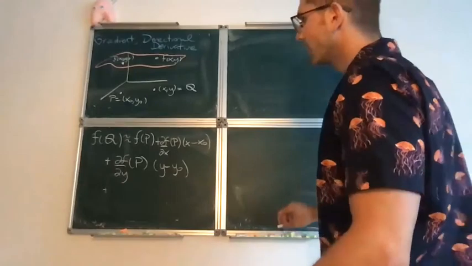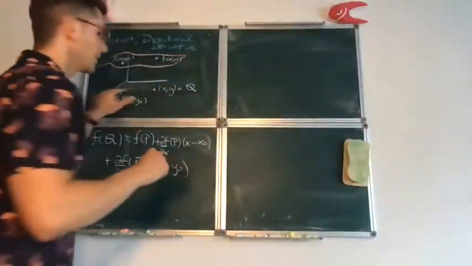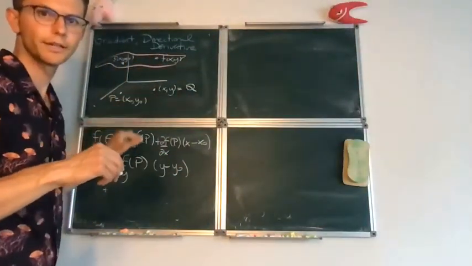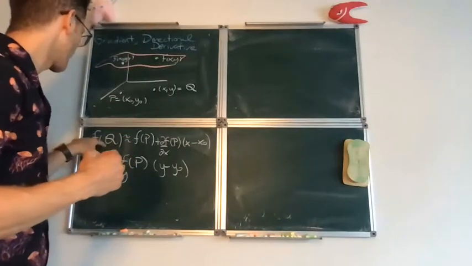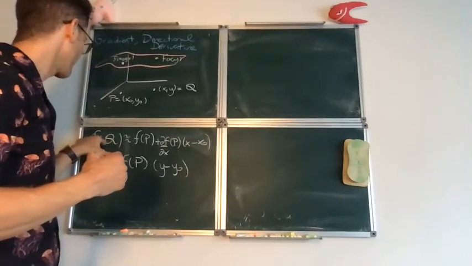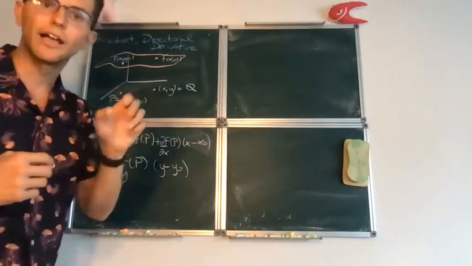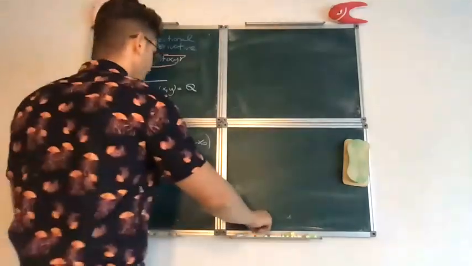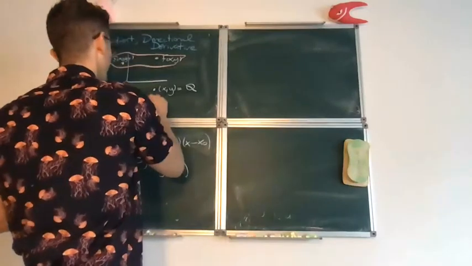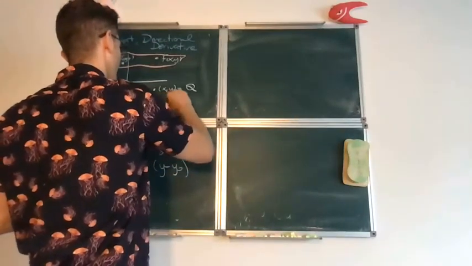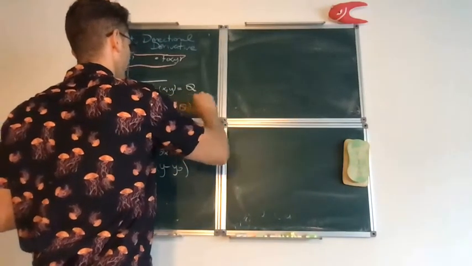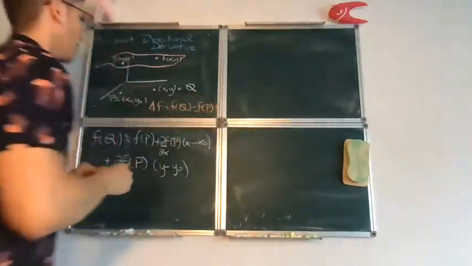So imagine that these points are really close to each other. Then this f of Q minus f of P, you can think of as a delta f. You can think of as a small change in f. So let's call delta f the change f of Q minus f of P. Okay?